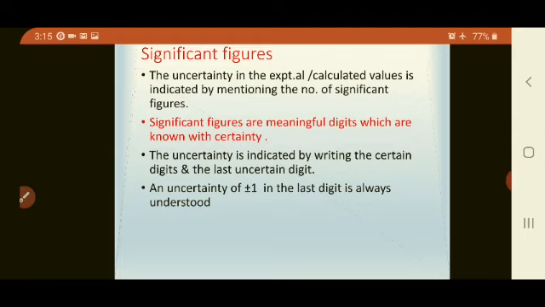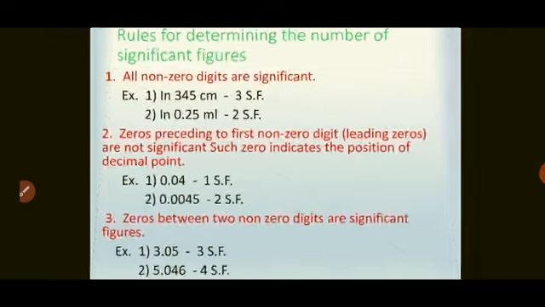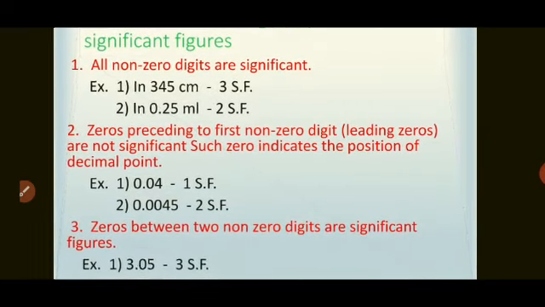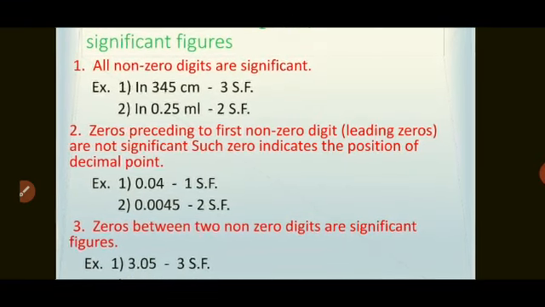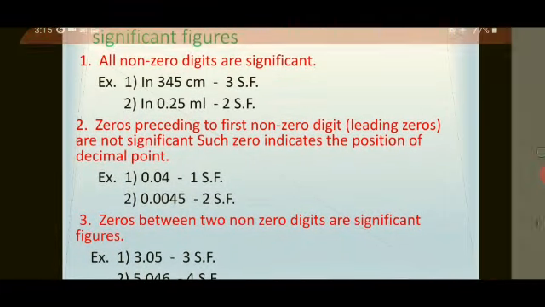Okay, so how to find out how many significant figures are there in a given number. For that, some rules are there. Which rules are there? First one is all non-zero digits are significant. All non-zero digits, I am using the word digits. Digits means from 1 to 9.